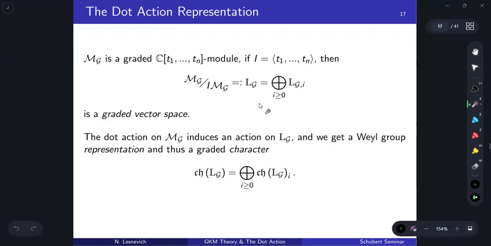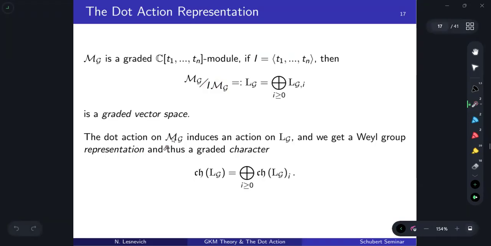This is the same thing I mentioned before with T-equivariant cohomology going down to ordinary cohomology. That's what this math is. We get out a graded vector space. This quotient is W-equivariant: acting by W is not going to take you out of this set.